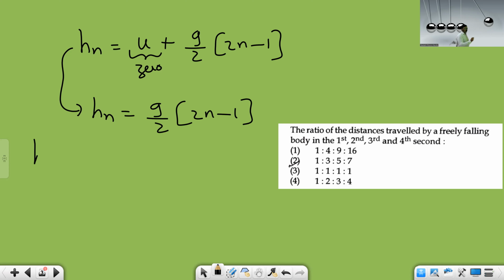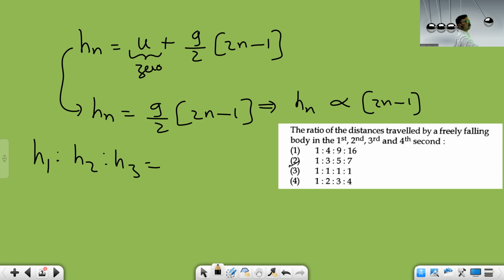We have the formula H1 is to H2 is to H3, because Hn is proportional to 2n minus 1. Check here, I have taken the first n value as 1. If I substitute 2 into 1, 2 minus 1 is 1. Next, if I substitute 2 into 2, 4 minus 1, 3.